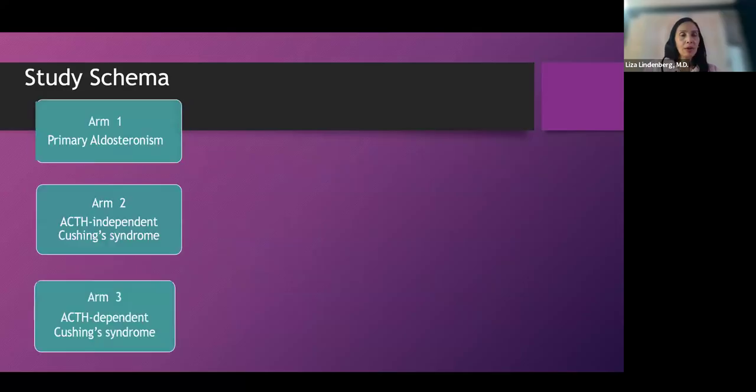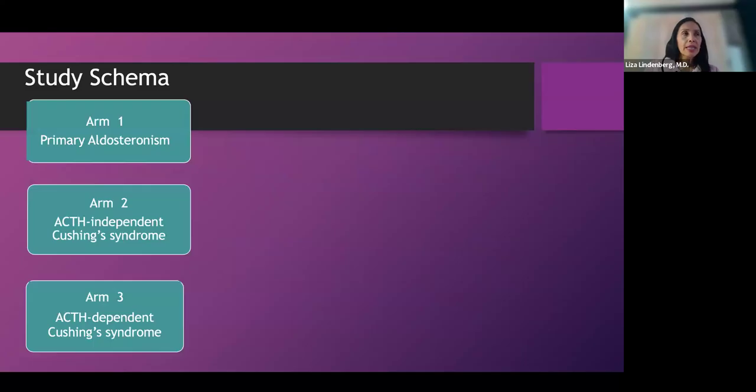So in our study schema, this is a pilot single-site 3-arm study where subjects are enrolled into one arm according to their probable disease, which would be primary aldosteronism for arm 1, ACTH independent Cushing syndrome for arm 2, or ACTH dependent Cushing syndrome, arm 3.